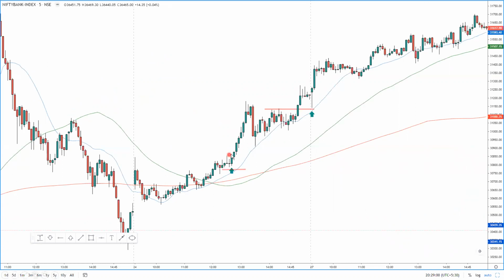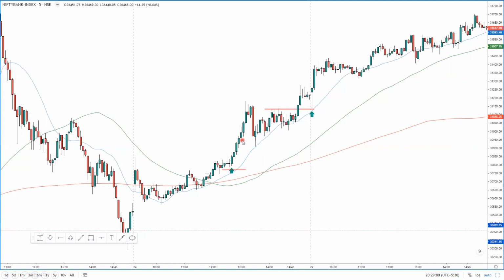So if you have taken the entry above here and you have placed your stop here, what you can do is, after the two bars, you can place your stop here, and then here, and then here.